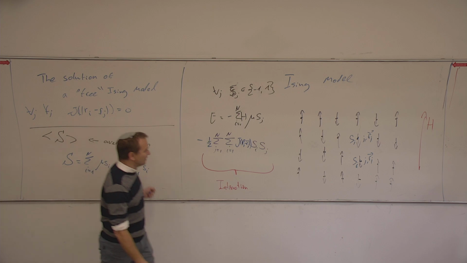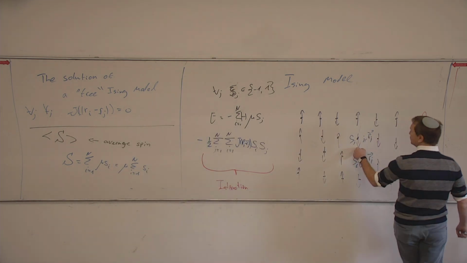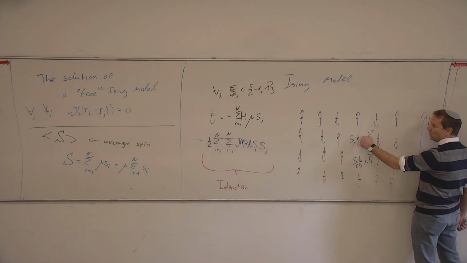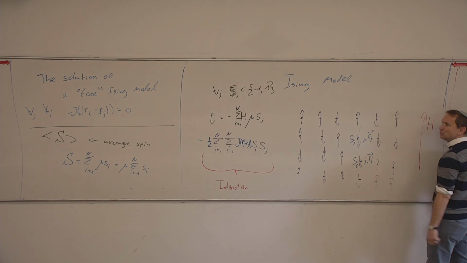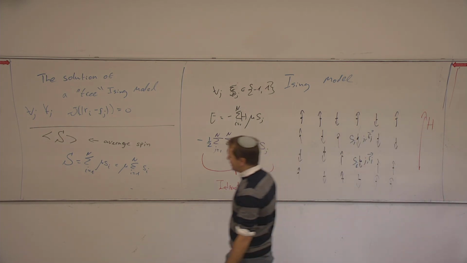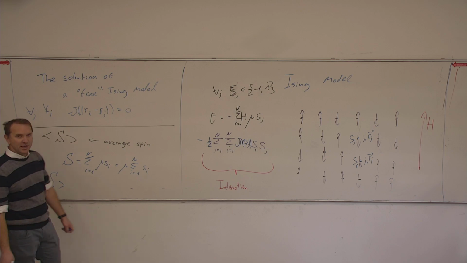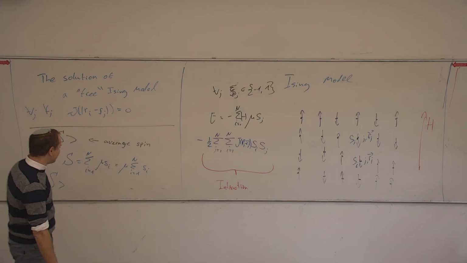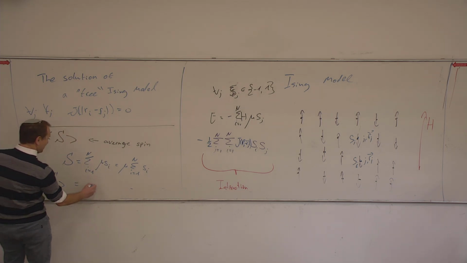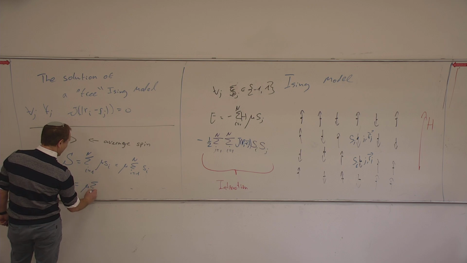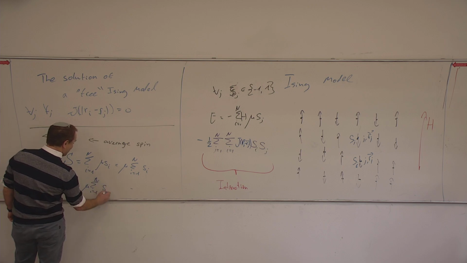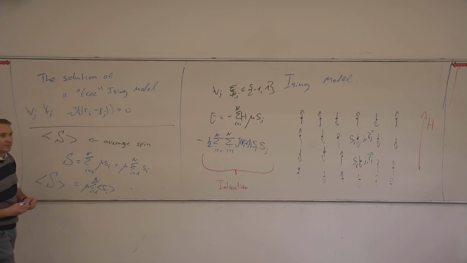The si's are those specific values, which can be either -1 or 1 for all the different locations on our lattice. Okay? And we always use the same trick, that the average of a sum is a sum of the averages. So the average spin is mu, a summation i goes from 1 to n over the average of si. Okay?